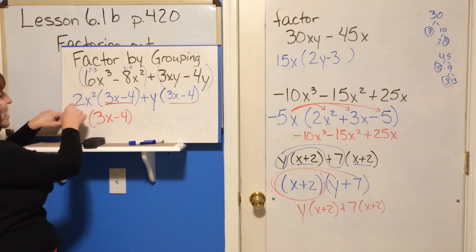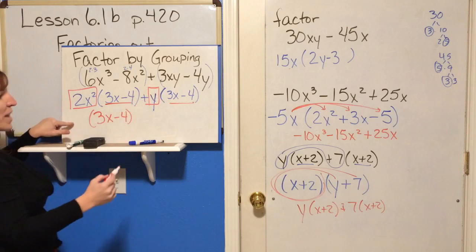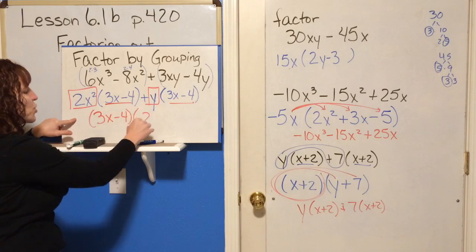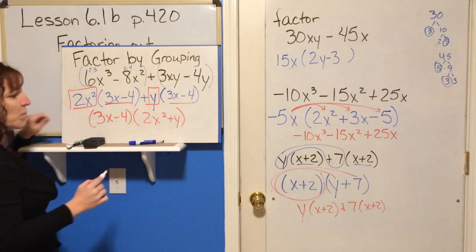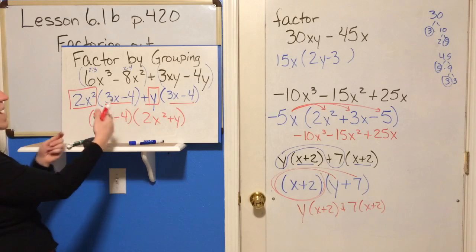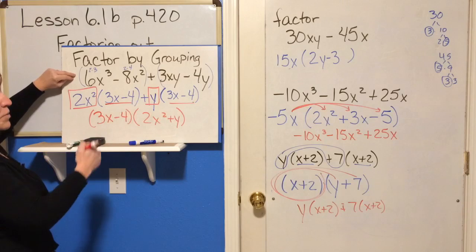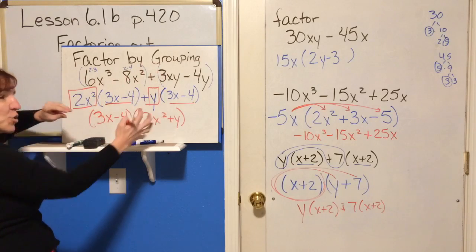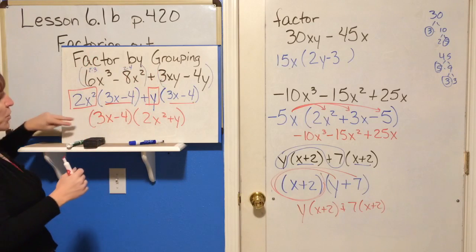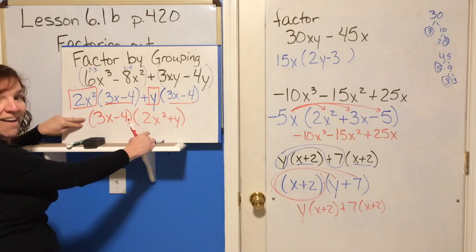And we can look to see we multiplied it by this, and we multiplied it by this. So 2x squared plus y is what we multiplied it by. So when we factor this whole 6x cubed minus 8x squared plus 3xy minus 4y, if we factor it out to its smallest parts, we end up with 3x minus 4 times 2x squared plus y.